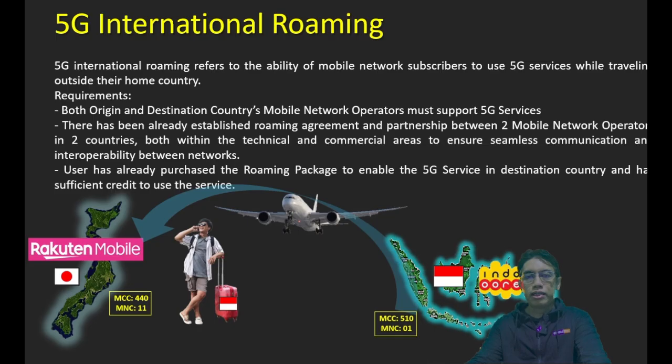These two operators must also have an agreed roaming partnership, both in technical and commercial areas, to implement seamless 5G services between the two countries. And the mobile subscriber must have already purchased the roaming package for the destination country and have sufficient credits to use the service.